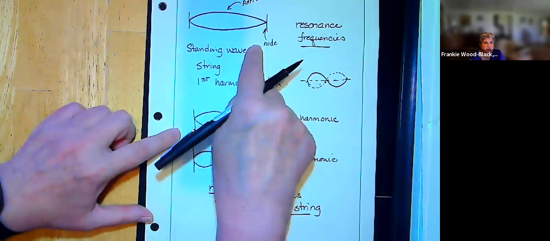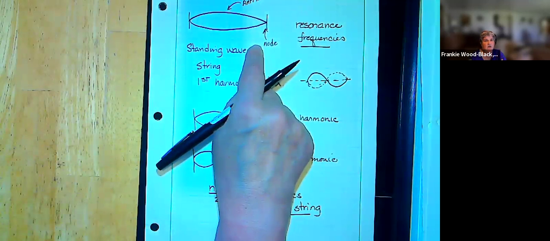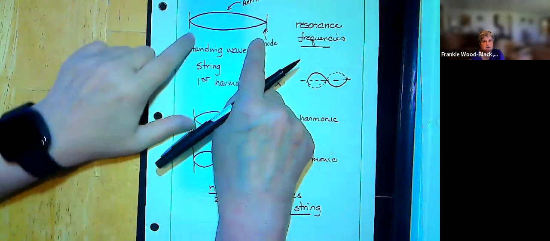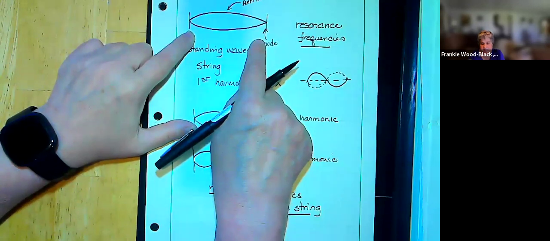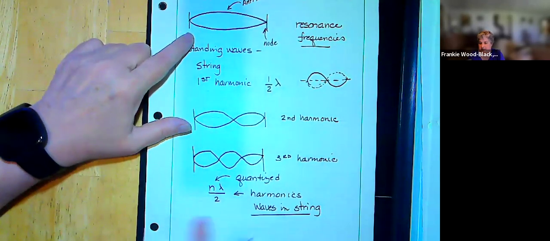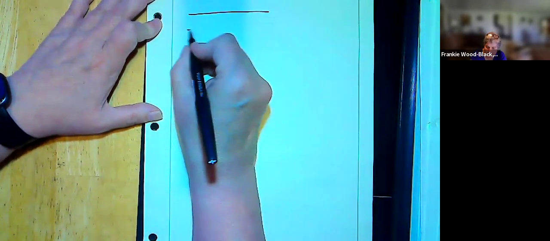Now, if I'm dealing with waves in a string, it's going to depend on the tension in the string, which we know, because if I play guitar or I play piano, depending on that tension in the string, it's going to give me what kind of standing wave I'm going to be able to set up. I can do the exact same thing in pipes. The pipes are a little different.